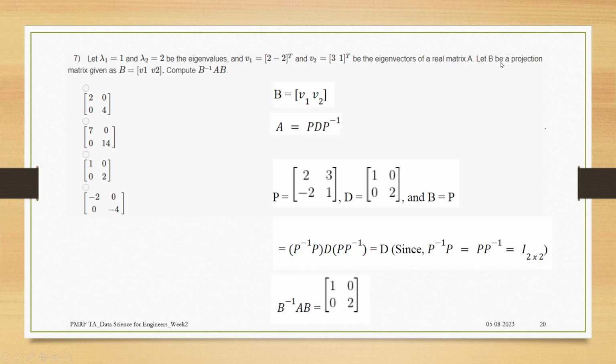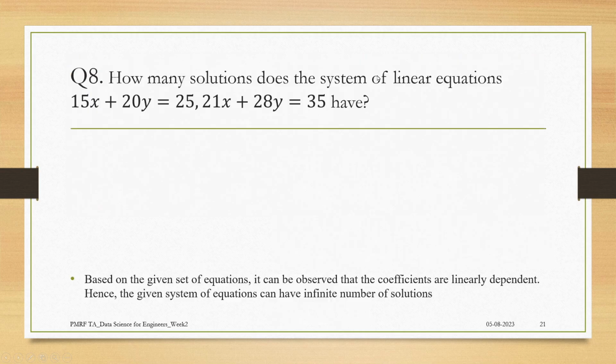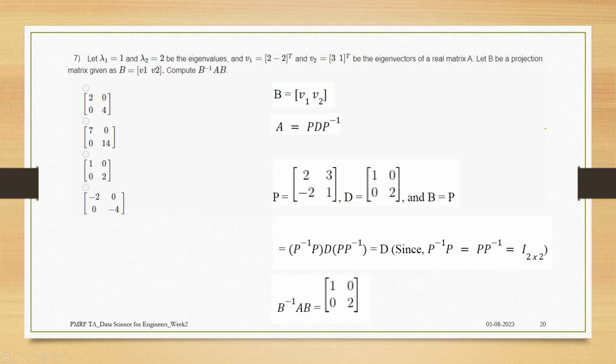So let B be a projection matrix given as B equal to V1 V2. Compute B inverse AB. I have written it already here. B is given here as V1 V2.